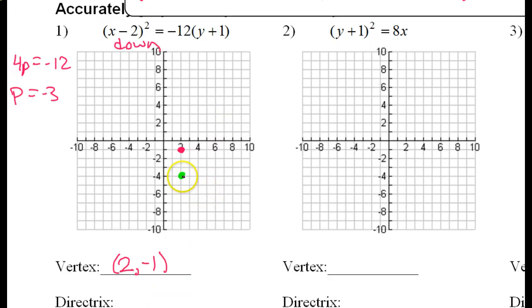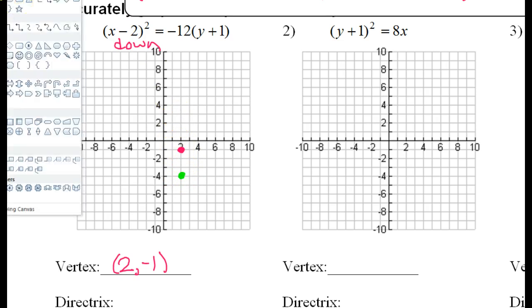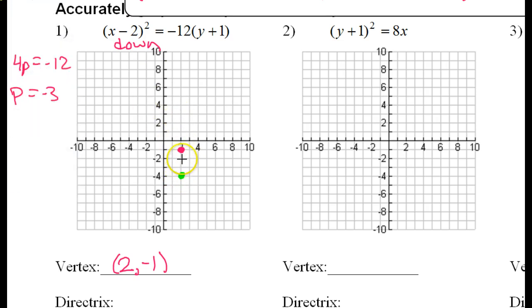Now, the directrix is a line that's going to be on the opposite side of the vertex. If I go 3 down, that's the focus, so if I go 3 up, that will be my directrix. So 3 up from here, that'll be right here at 2. So this will be my directrix.